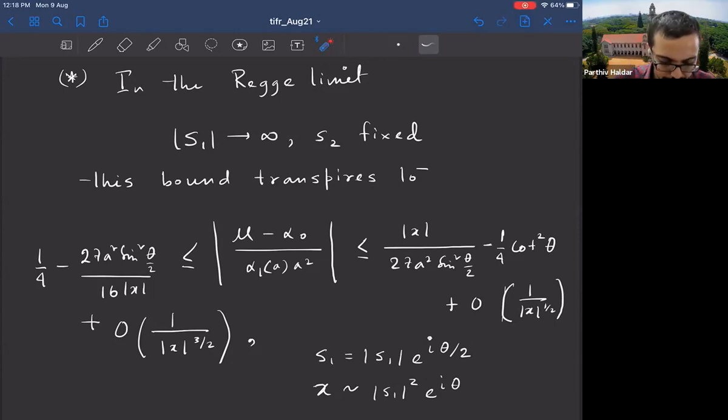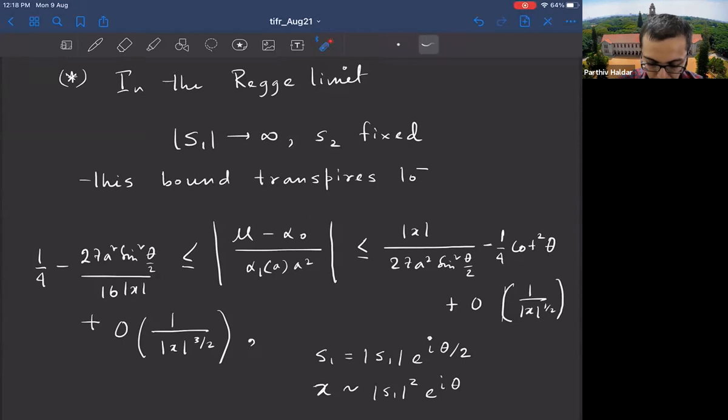But there is also a lower bound, whose leading term, interestingly, is a constant, which is 1/4. But just to make the final point, in order to apply this bound, you have to consider S to be not real, but some phase.